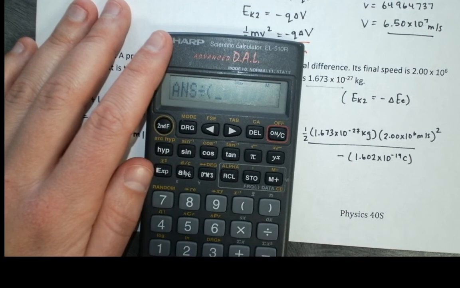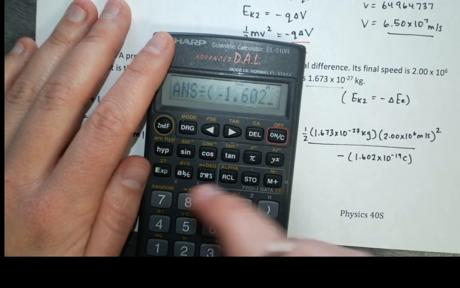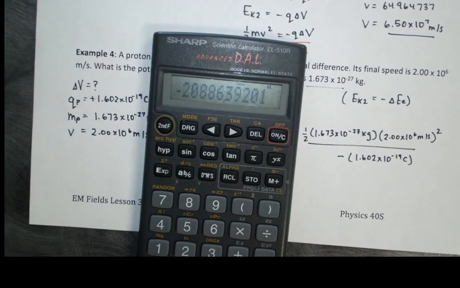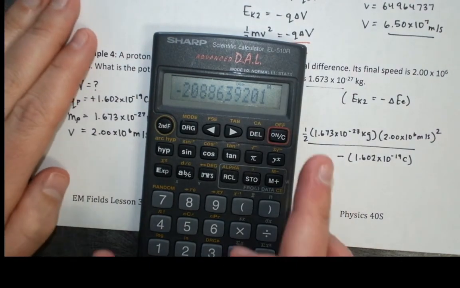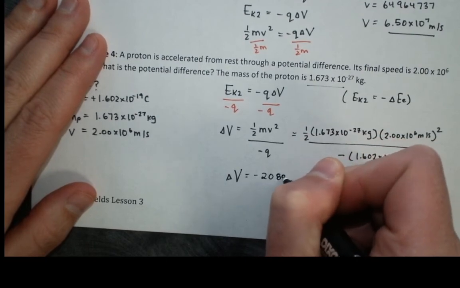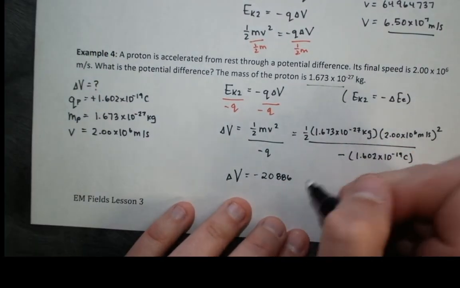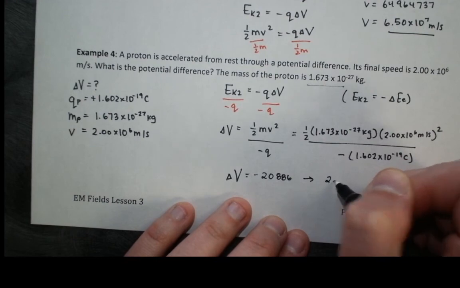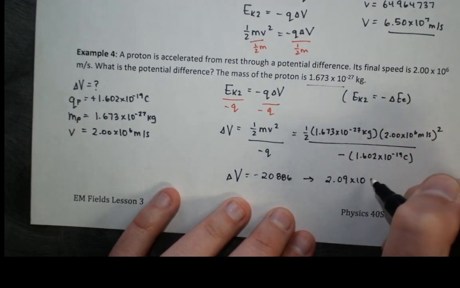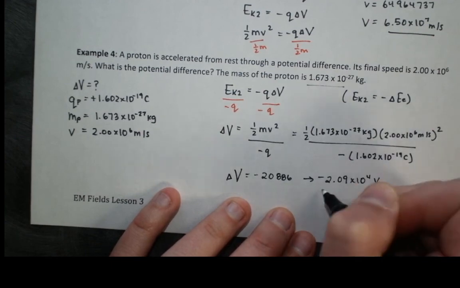Divide by negative 1.602 exponent negative 19. We get a potential difference of negative 20,886, or 2.09 times 10 to the power of 4 volts, and it is negative.